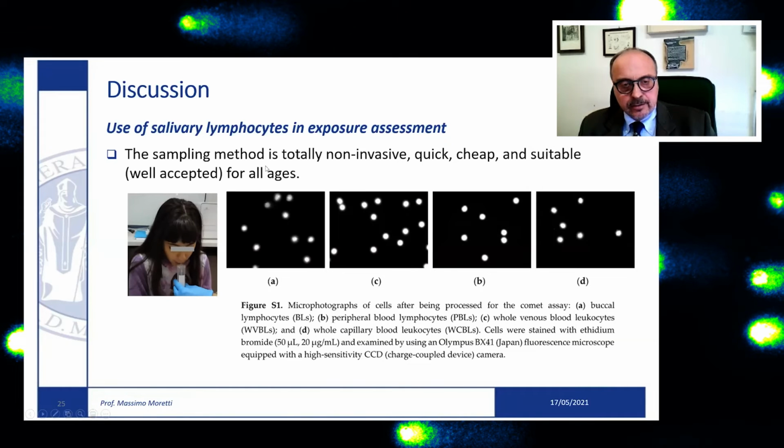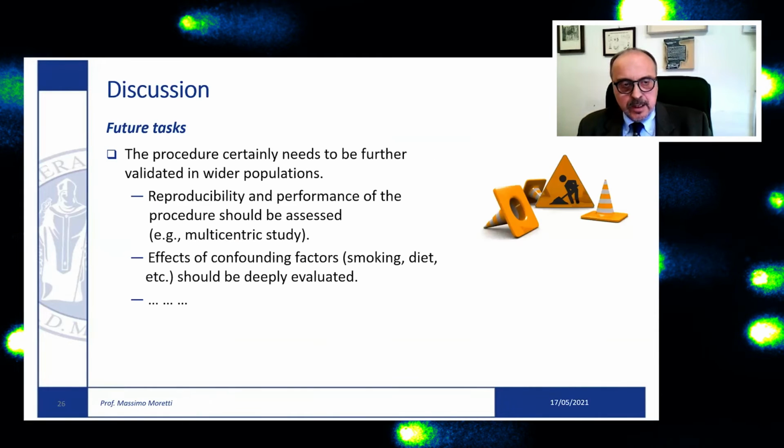Anyway, the sampling method is totally non-invasive, quick, cheap, suitable, and well accepted for all ages. And so we think that, of course, the procedure needs to be further validated in a wider population. Reproducibility and performance of the procedure should be assessed, for example, in multicentric studies.